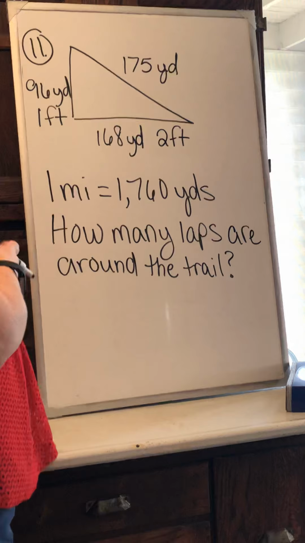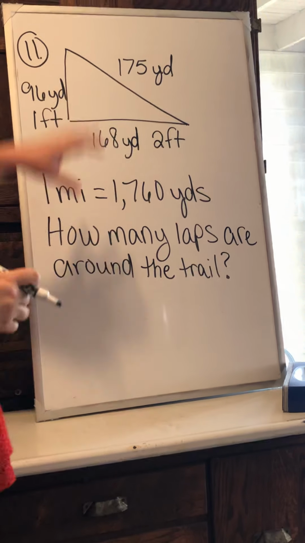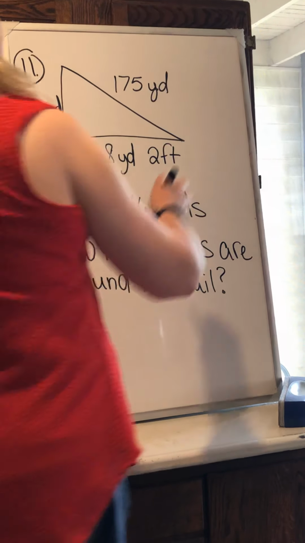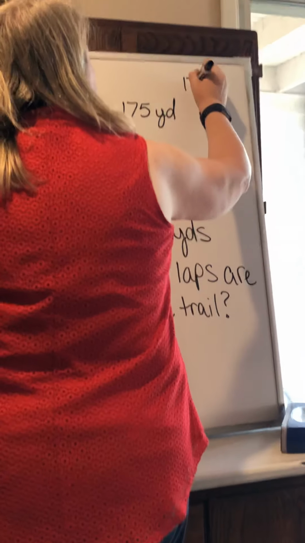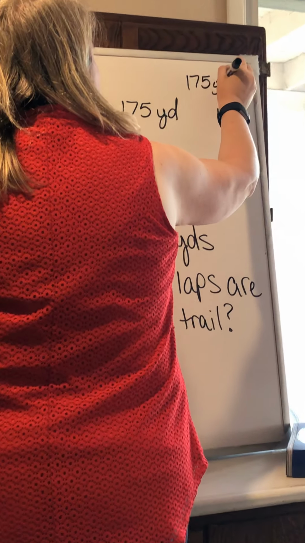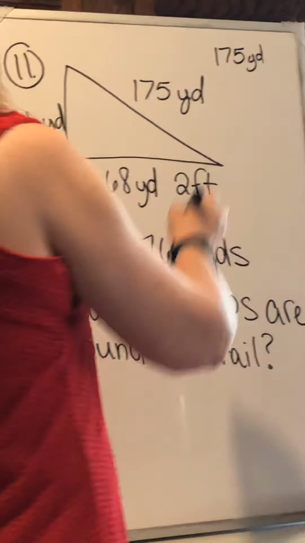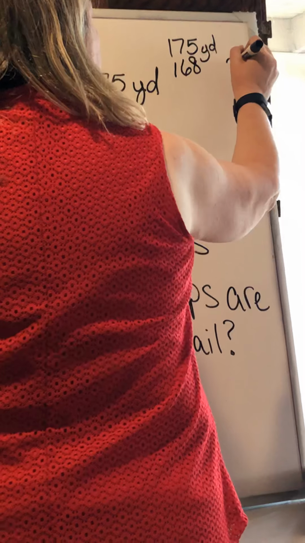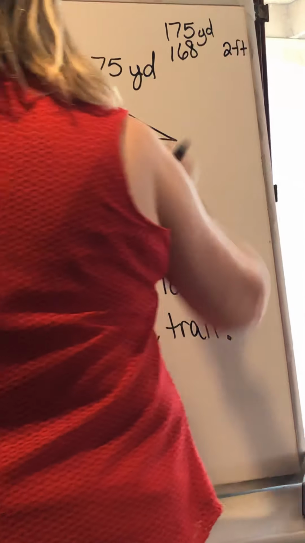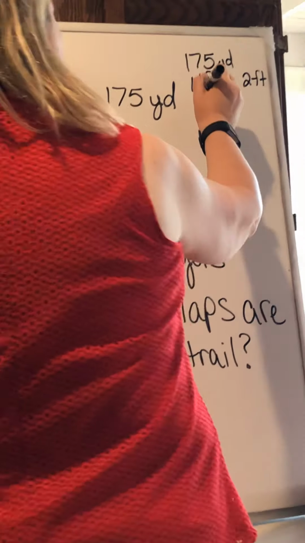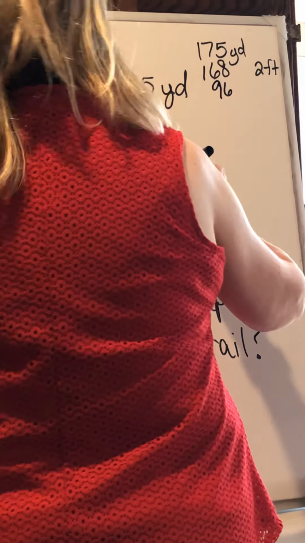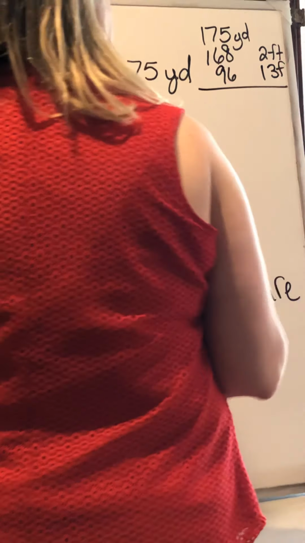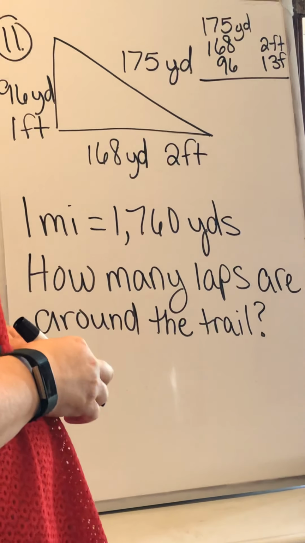Well, first off, let's go ahead and find what the perimeter is first for all of this, okay? So we're going to take 175 yards. We're going to add 168 yards and 2 feet. And then we're going to take 96 yards and 1 foot. All right, add all of that up.